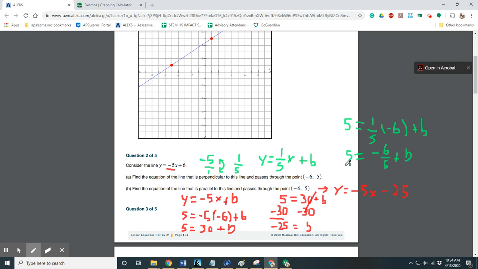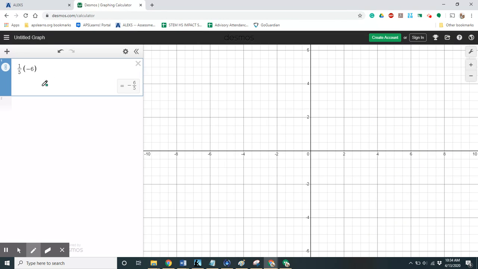We add 6/5 to get b by itself. So 5 plus 6/5 is 31/5.